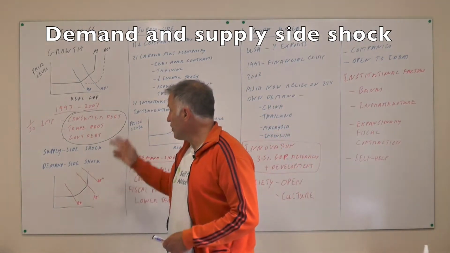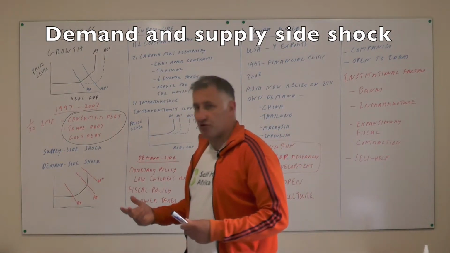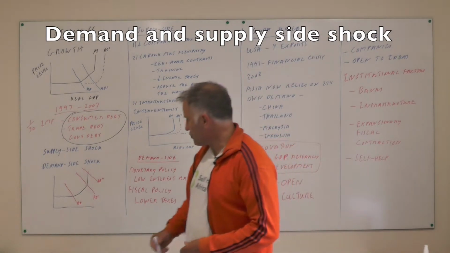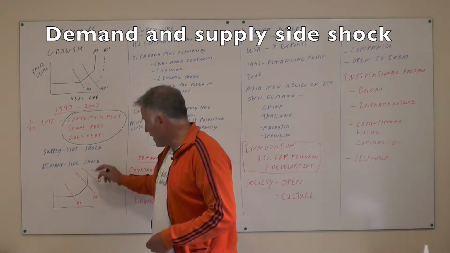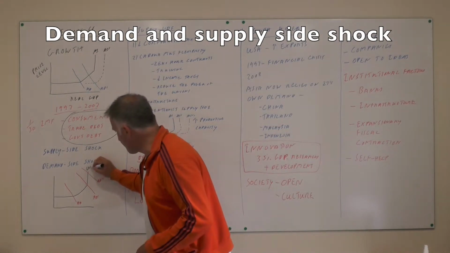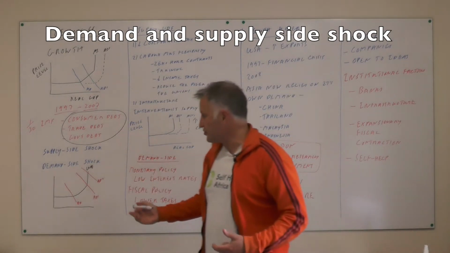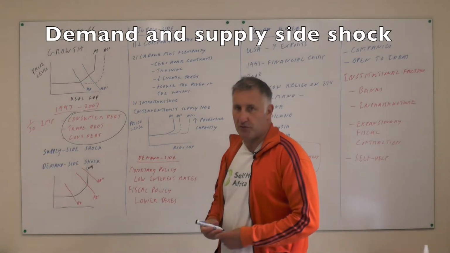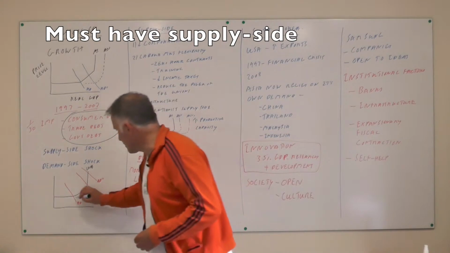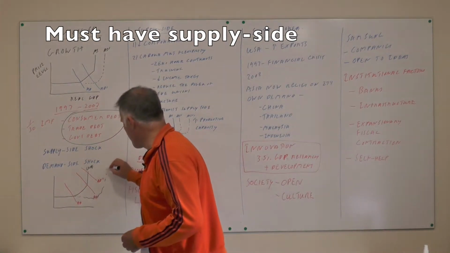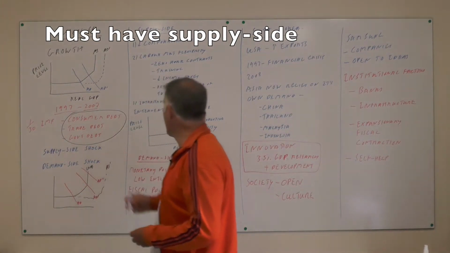Fundamentally, we can't just increase aggregate demand willy-nilly, because aggregate demand is going to get bigger and bigger. If the long run aggregate supply curve does not shift outwards, then we're always going to end up with demand pull inflation. So fundamentally, you always must have supply side economics. So therefore, the AS curve can move out to there.